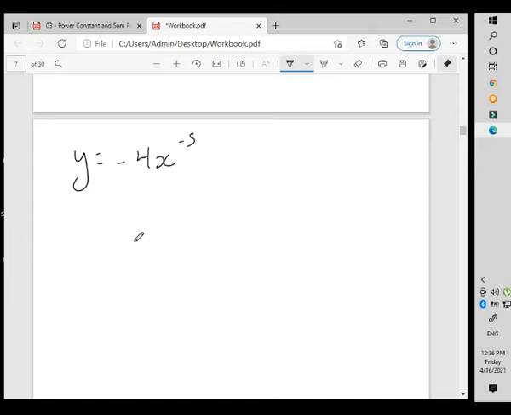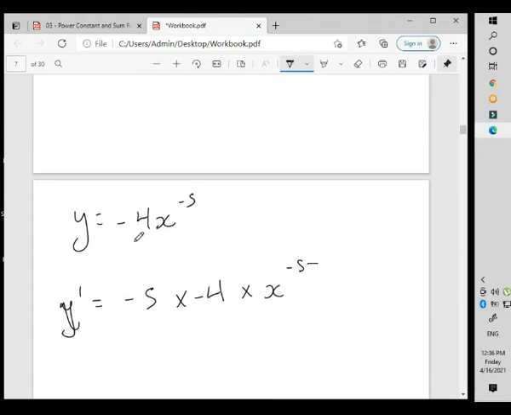I'm going to go a little bit slowly. So y is equal to minus 5 times minus 4 times x to the minus 5 minus 1. So this is equal to minus 5 times minus 4, negative times negative is positive, 5 times 4 is 20, x, and minus 5 minus 1 is minus 6.